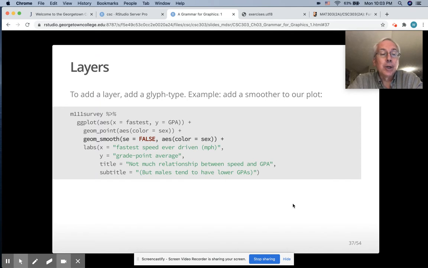So we're going to call geom_smooth. We're not going to have any wiggle around it, but we're going to attach the same aesthetic for color that we did to geom_point, which was to attach a color to the responses to sex. And so it'll use the same color scheme since we didn't use anything but the default color scheme here.